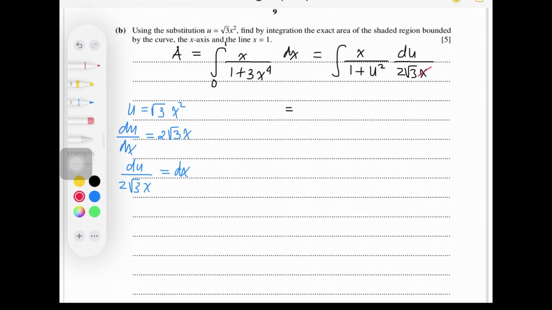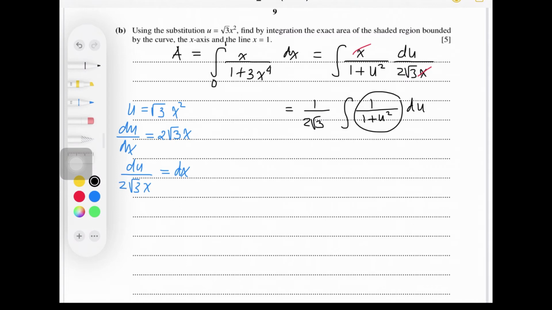We can cancel this one. We can simplify into 1 over 2 square root of 3 times the integral of 1 over 1 plus u squared du.